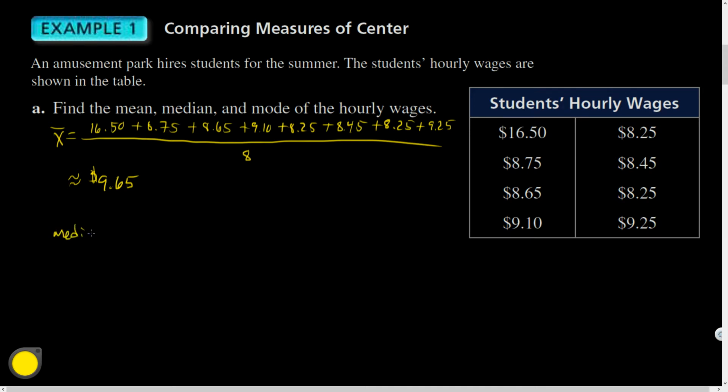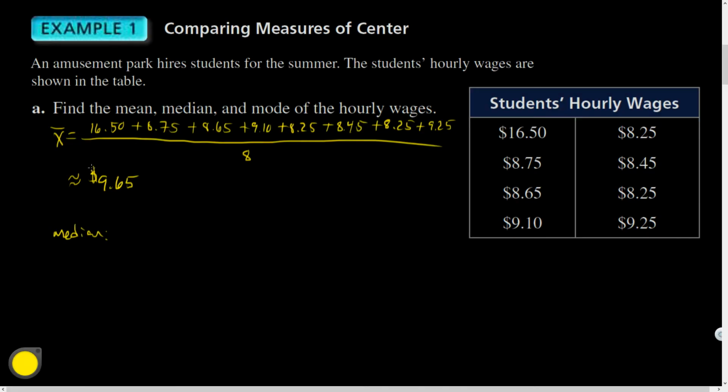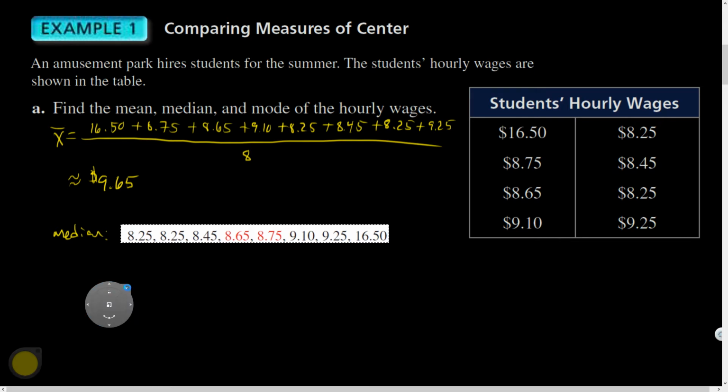Let's see. Median. In order to find the median, I would have to arrange the data in order. I'll show you what that looks like. There's an even number of values here, and so there is no middle number.